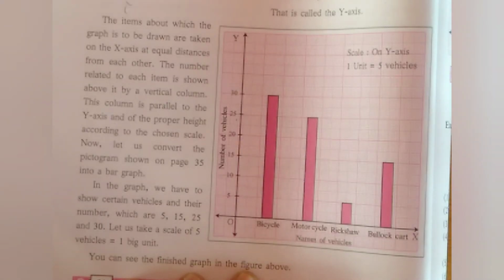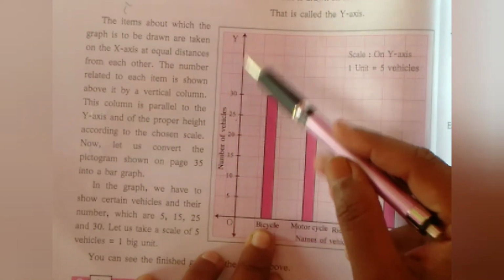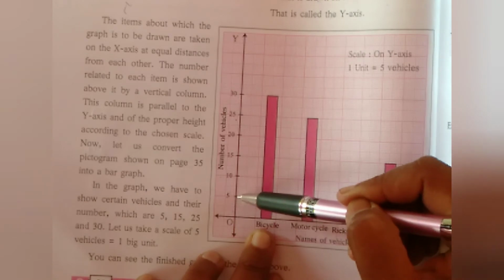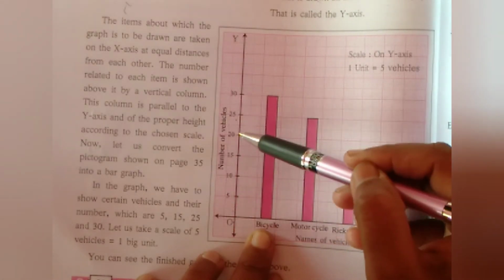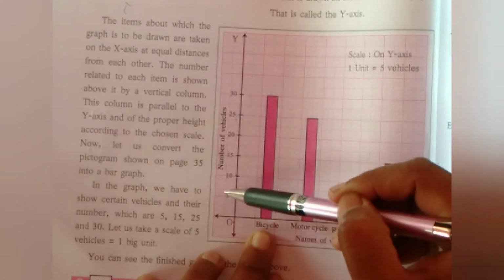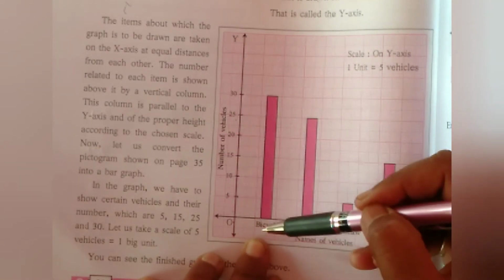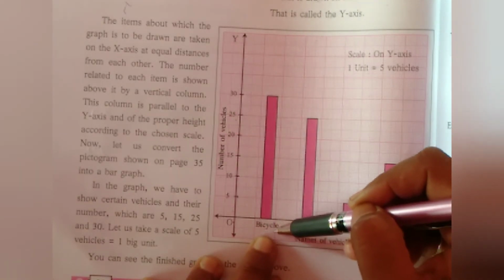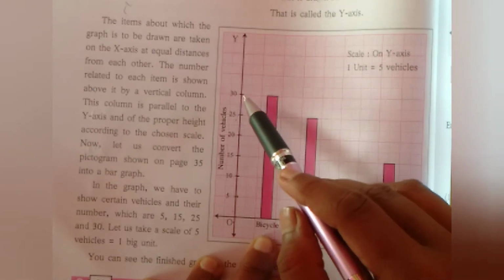So students, here first suppose we take bicycle on the x-axis. Here take a scale like 0, then after that 5, 10, 15, 20, 25 and 30. Means here is the number of vehicles. So students, first we take bicycle. So how many bicycles? There are 30 bicycles.